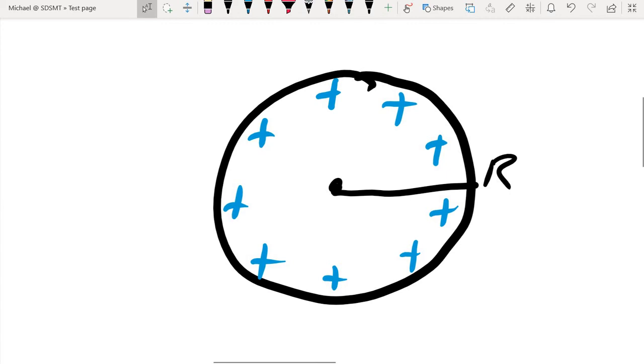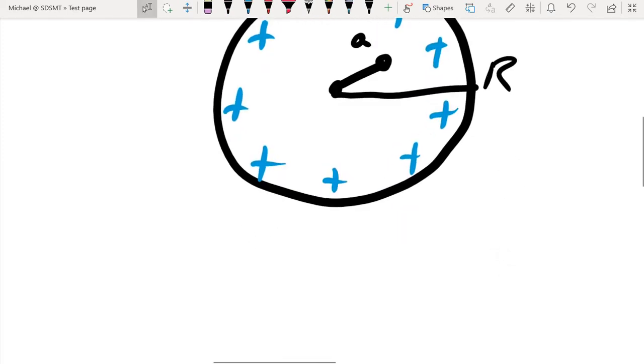Again, because it's a conductor, all of the charge will spread out at the surface of the sphere. But now we're interested in finding the electric potential at a radius of A. And A is some point inside the structure itself.